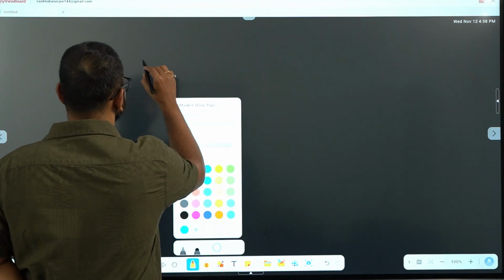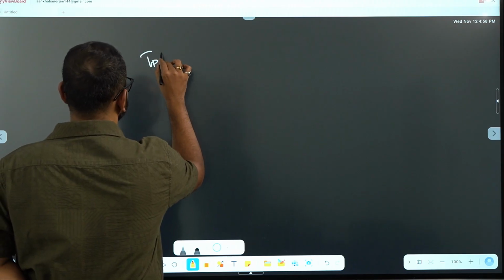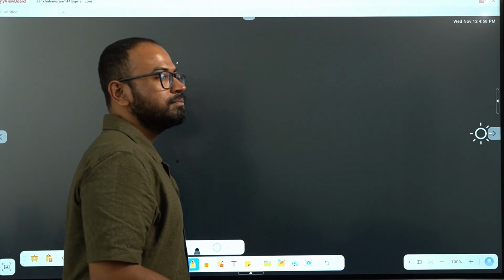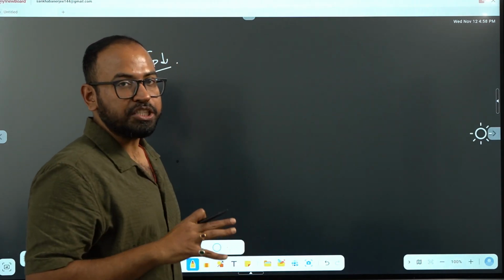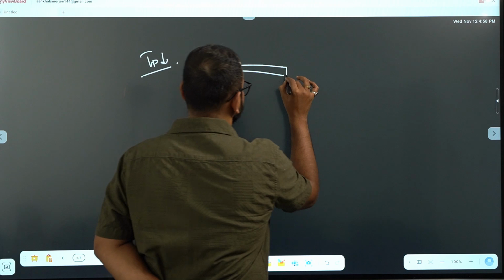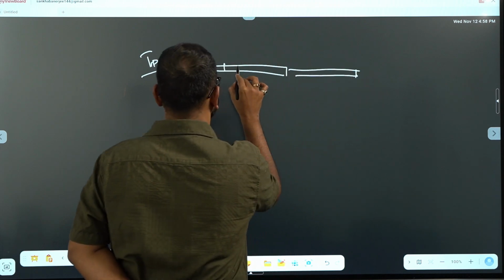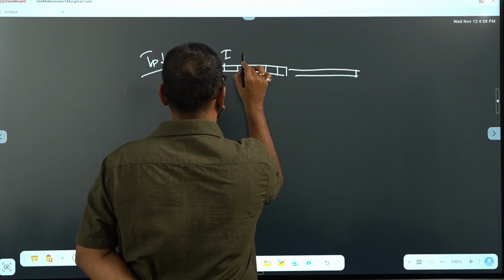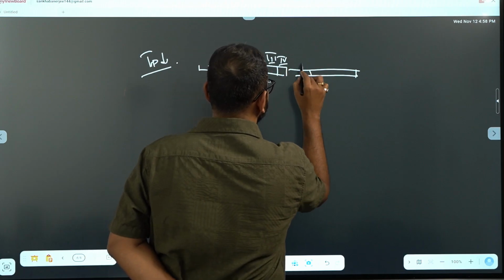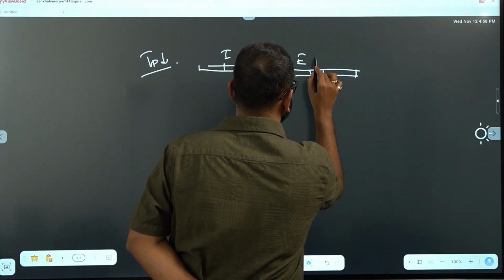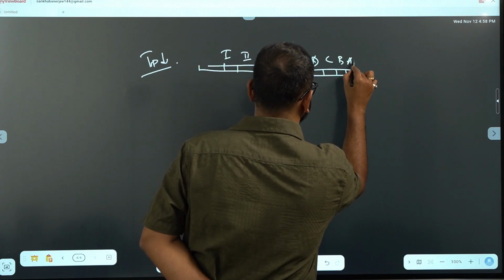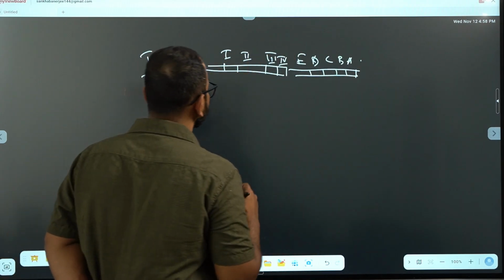Tryptophan concentration, TRP concentration is low. That means when tryptophan concentration is low, we are getting our overall region 1, 2, 3, 4, E, D, C, B, A. This is the overall structure.